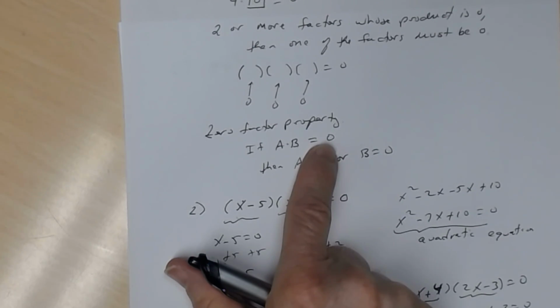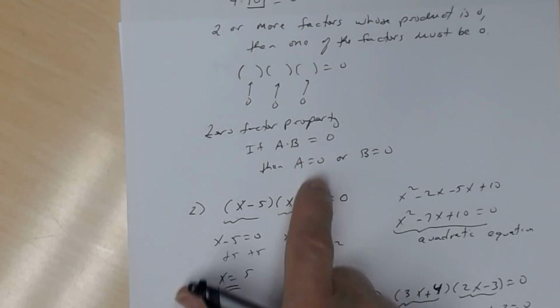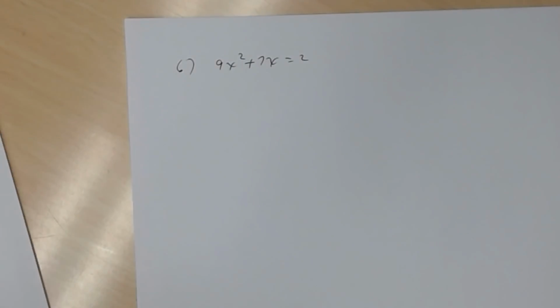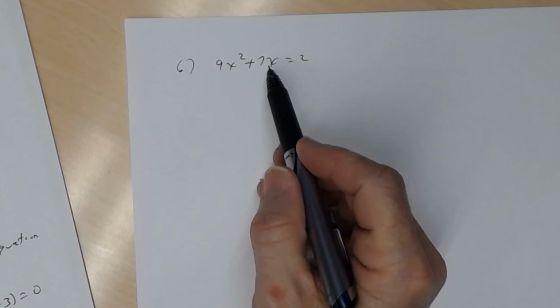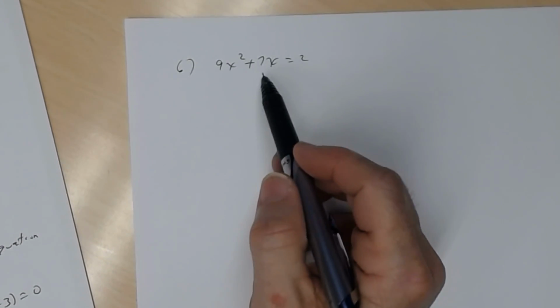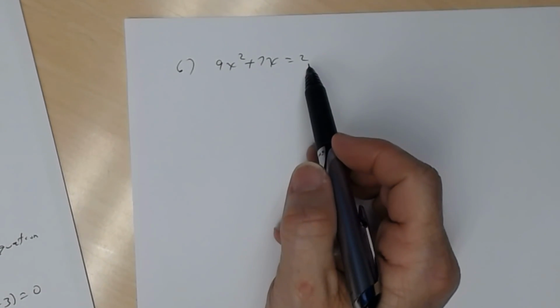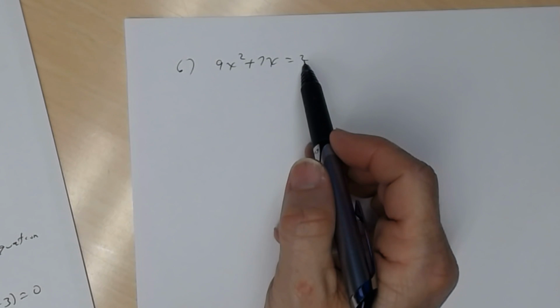You can't have any other number. You can't have 1, you can't have negative 2, you can't have 1/4. The only real number you can have is 0. So do not make the mistake and factor this and set each one equal to 2. Do not do that.